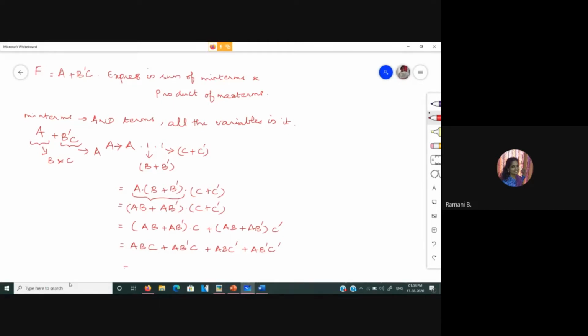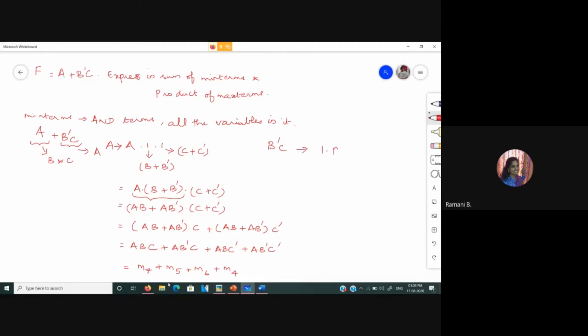So this is nothing but M7, where you have all ones, then 101, so M5, then we have 110, so M6, and then we have 100, so this is M4. This is for A alone. Now we need to see for B bar C. With B bar C, only A is missing.